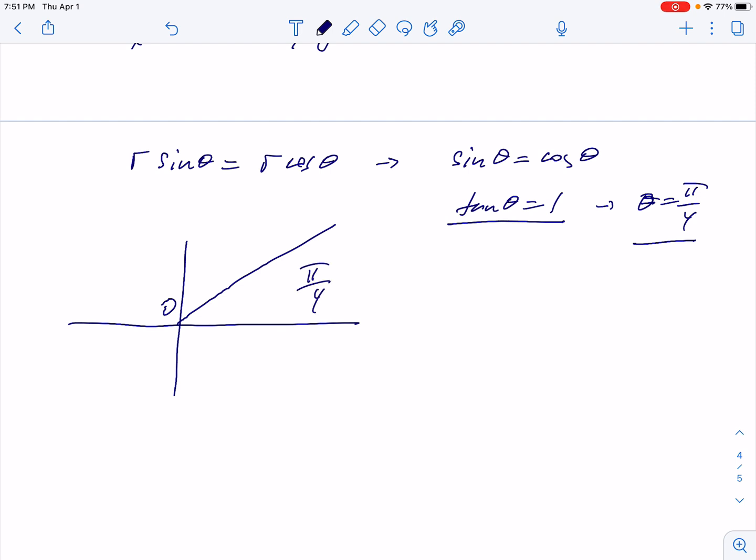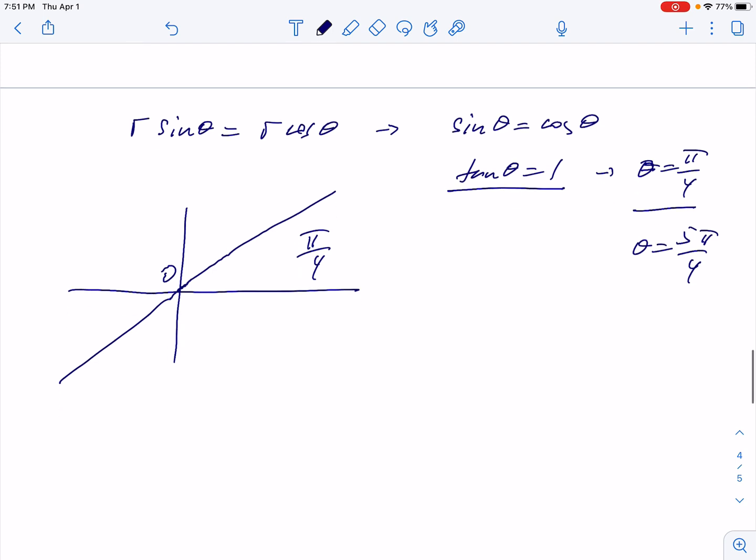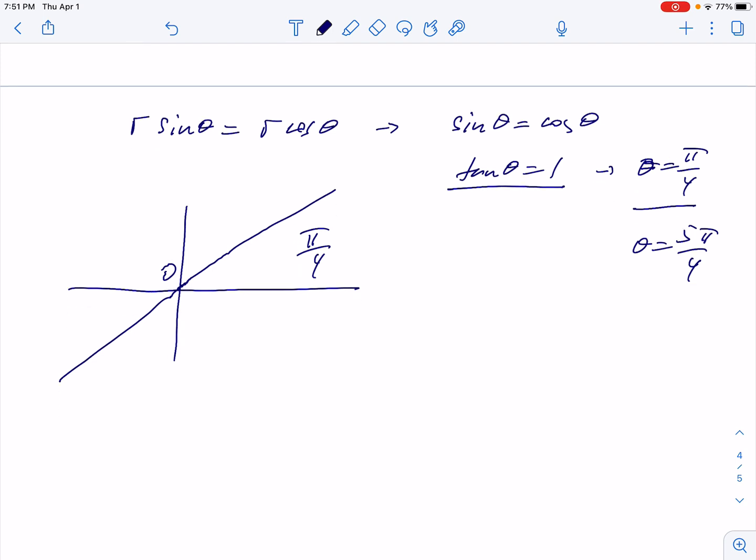You can move along this arm of the angle up and down, allowing negative radius, or using also theta equals 5 pi over 4 in the third quadrant. So you have this entire line. That's our original line, y equals x. So this line has a simple equation: theta equals pi over 4.